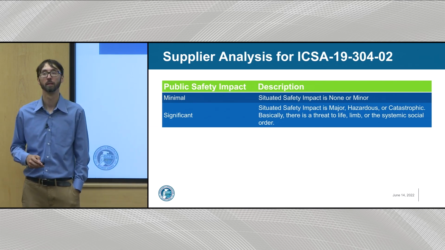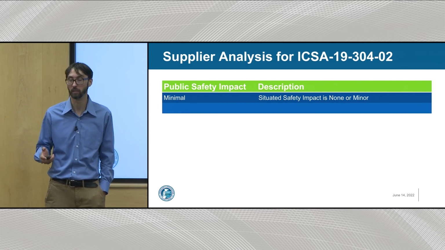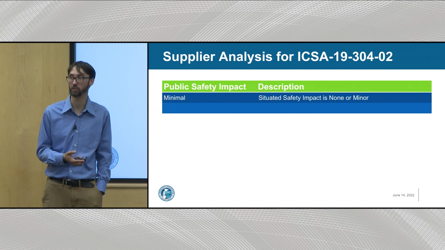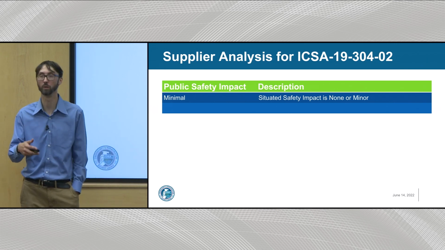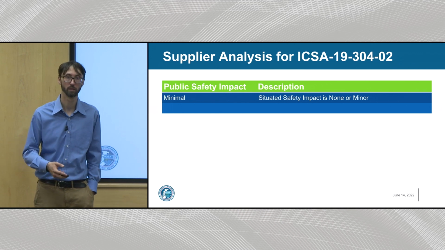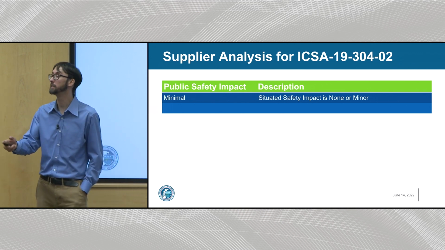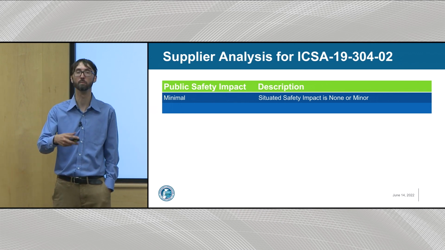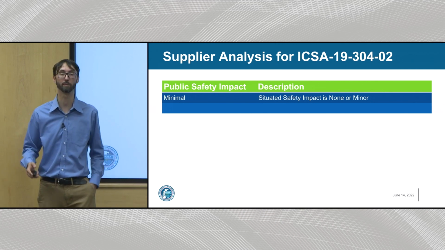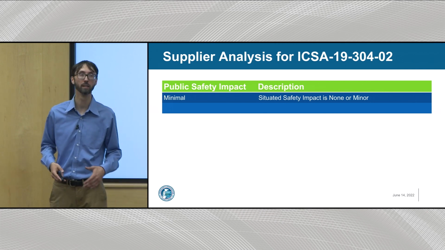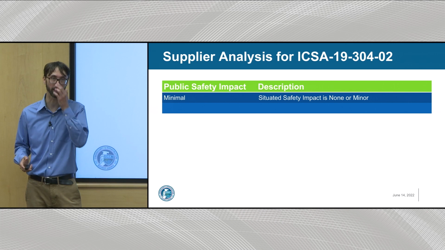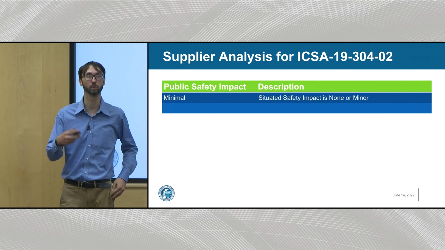Well, I would say that visual observation is not in itself a safety condition. Not being observed will not make someone be hurt. Sure, this could cascade into some other movie scenarios where you turn the camera off and then break into the bank vault. But in general, that's not what we're talking about here. And there's other controls for that. So we're going to say minimal.